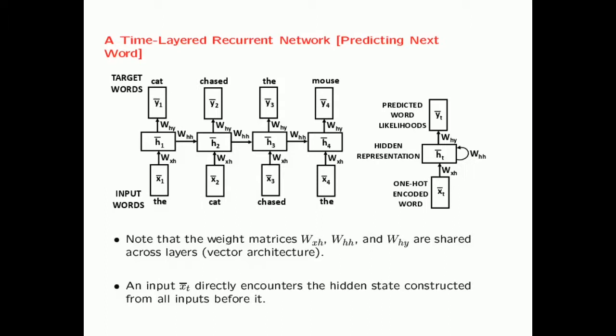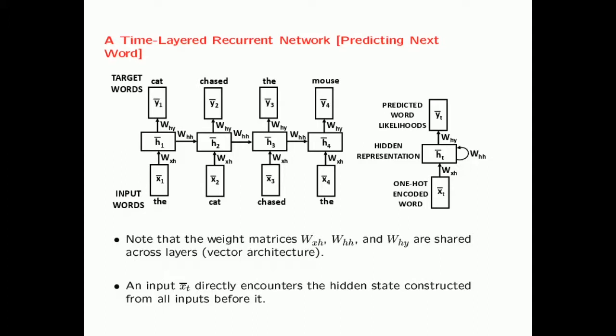This loop should not be misinterpreted to think that you have a loop in the network. This is not really a loop in the network. This loop is simply a notational convenience which tells you that you should create a time-layered network in which the weight matrix between successive hidden states is WHH.